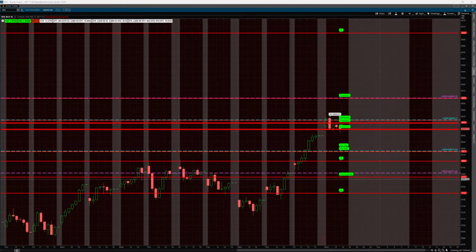All right, the dark red lines are showing SpotGamma levels, and these are proprietary SpotGamma levels provided to SpotGamma subscribers for a variety of platforms. I'm going to point out the key daily levels.